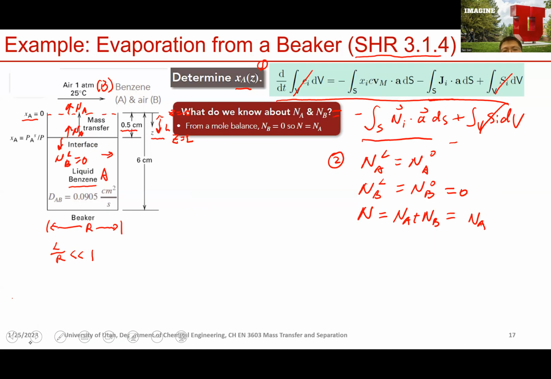Now, from the mole balance, we know NB is 0, so the total mole flux of A and B is just equal to the total mole flux of A. Next, because it's a constant, we can apply a similar methodology to relate mole flux with mole fraction by using Fick's law.